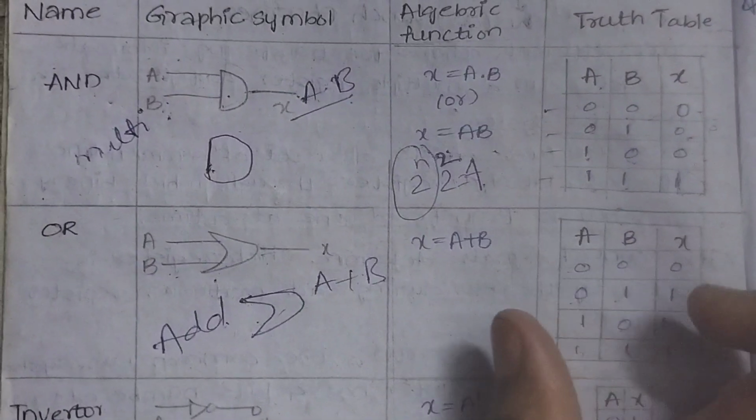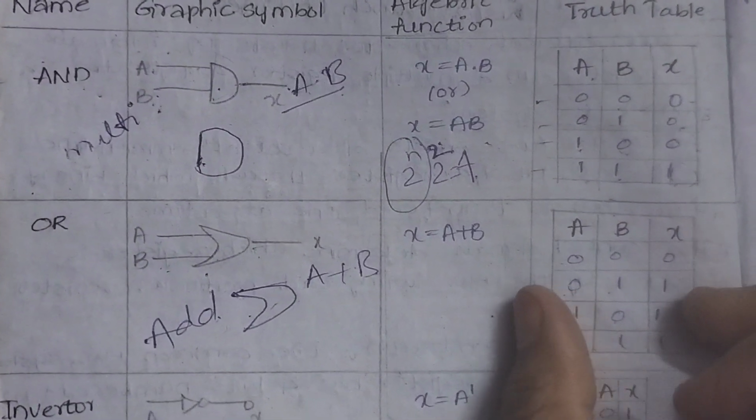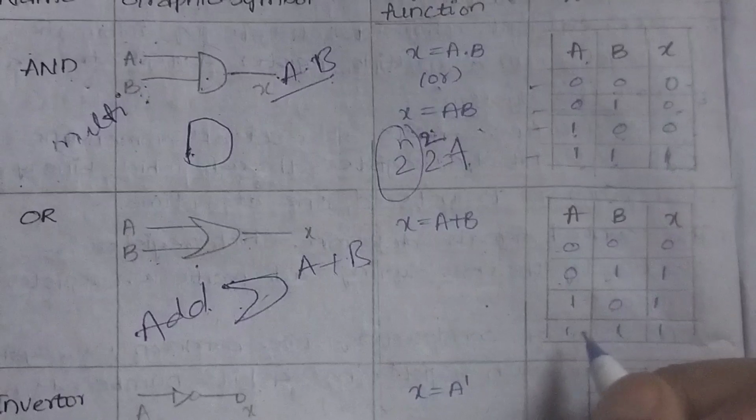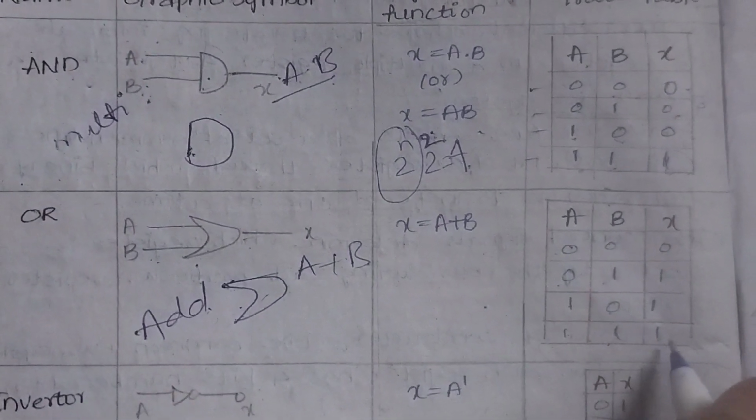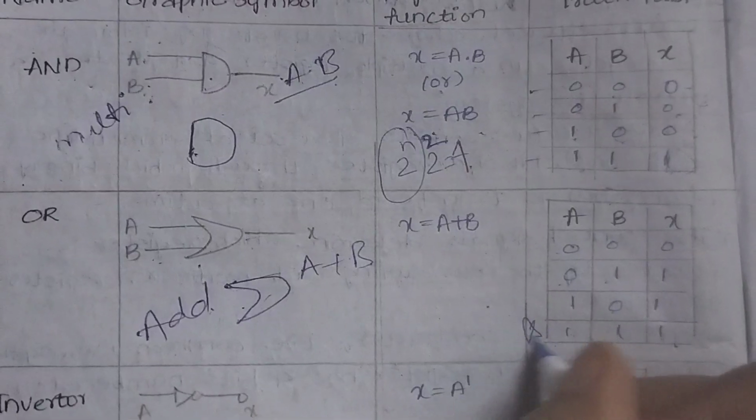In Boolean values, 1 plus 1 equals 1. Addition of two numbers gives one value. This is the main thing you need to remember.